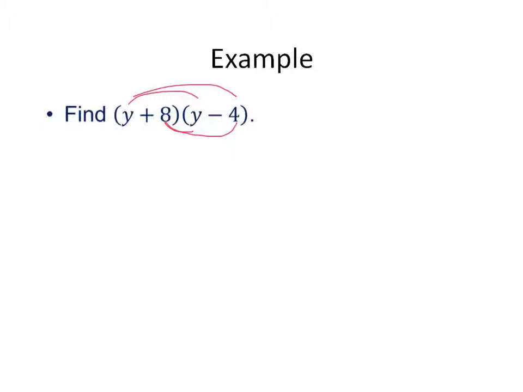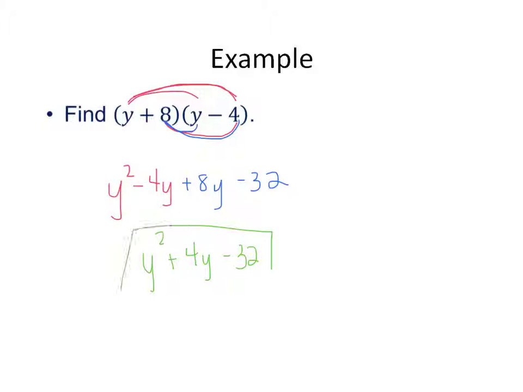So y times y is y squared, and y times negative 4 is minus 4y, so really watch your signs. Then 8 times y is plus 8y, and 8 times negative 4 is negative 32. If there are any like terms, we always need to combine those, and we write this in descending order. That is your answer.